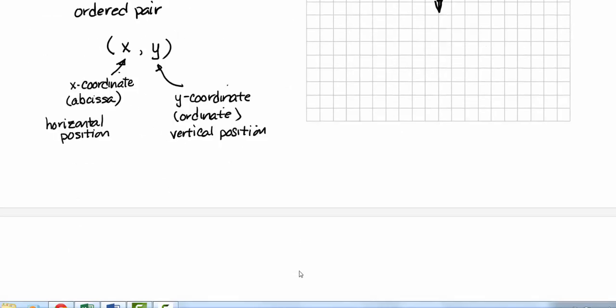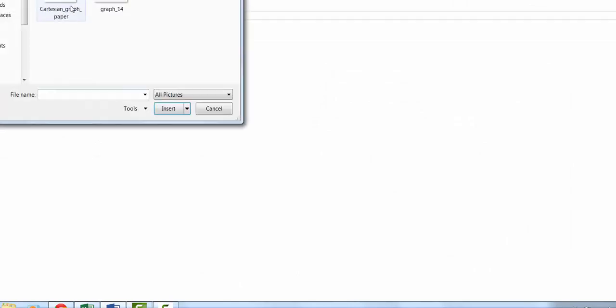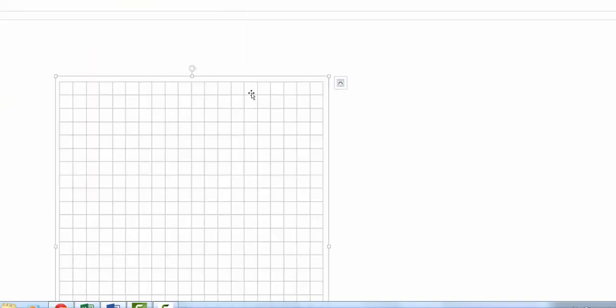Okay, so let's try plotting a couple of points. Another grid. Let's plot a couple points. Let's say our example is to plot point A, which is (3, 4). Let's do B, which is (-2, 2).